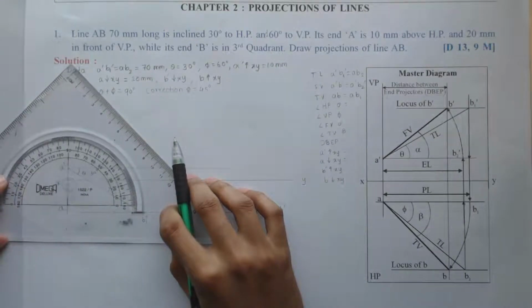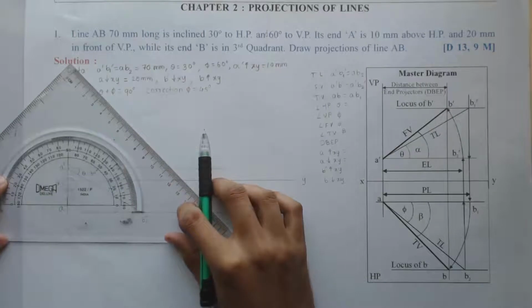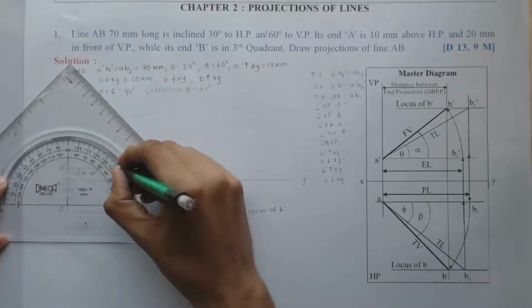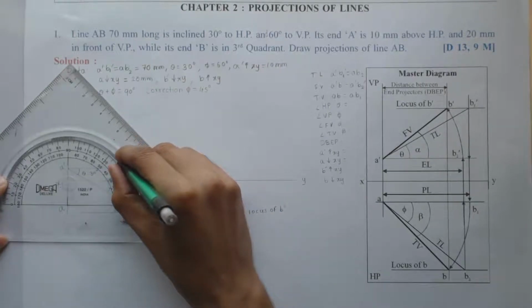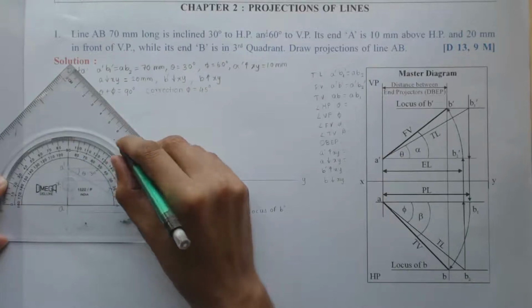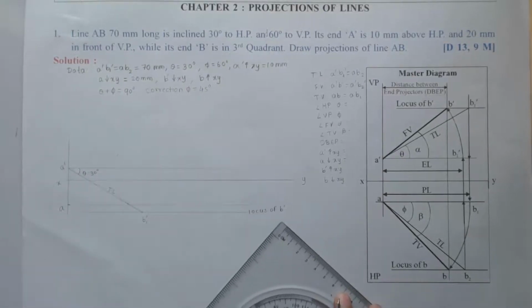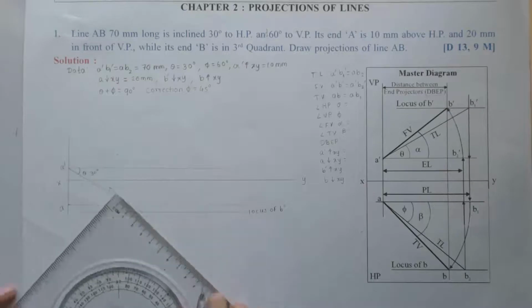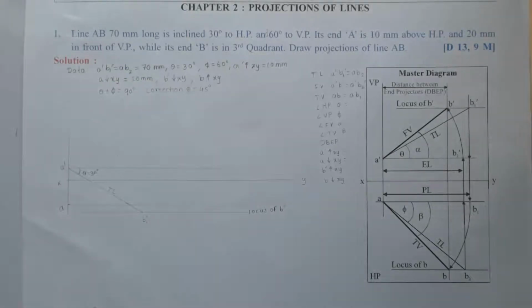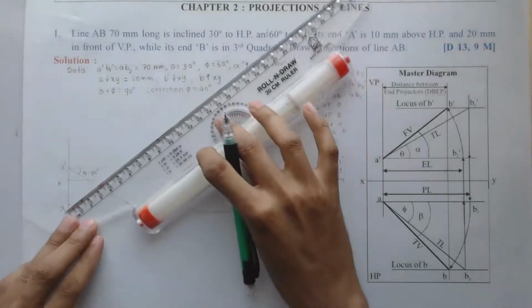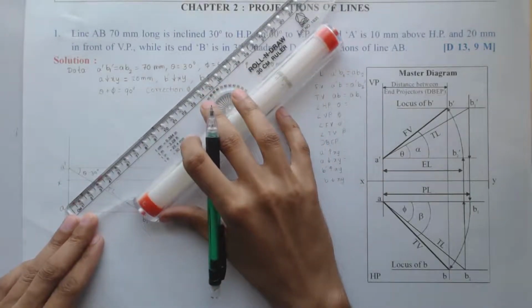So from A, I'll measure angle 45 degree in the upward direction because B is in third quadrant. So from A at an angle 45 degree, I'll again measure the true length, which is 70 mm.